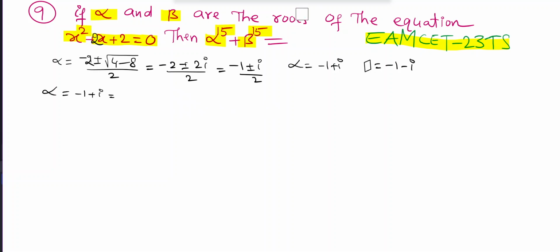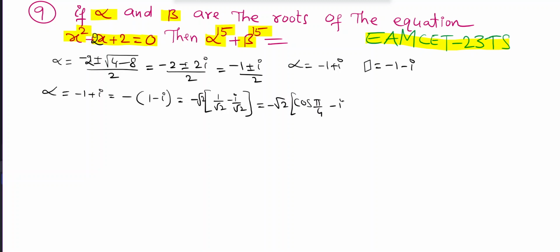Take minus common in these two equations, that is minus of 1 minus i. That is equal to minus of, multiplying and dividing by root 2, this is 1 by root 2 minus i by root 2. That is minus root 2 into 1 by root 2 is cos pi by 4 minus i sin pi by 4. Find the value of alpha power 15.